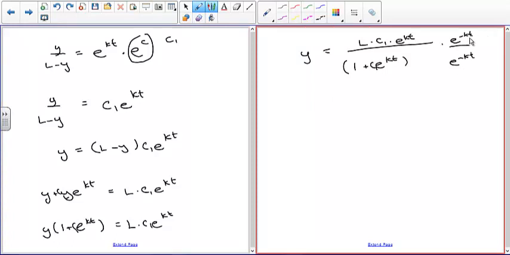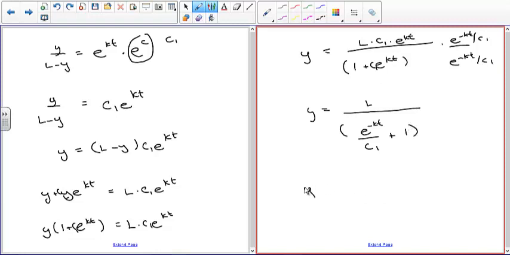So what we're actually going to do is multiply by that divided by c1. So these two cancel out with those two. So you end up with L divided by e to the minus kt over c1 plus, so this cancels out with that, this cancels out with that, so you get plus 1.